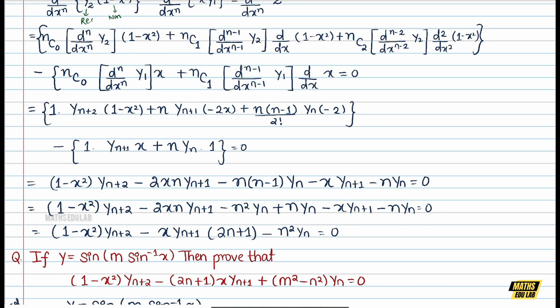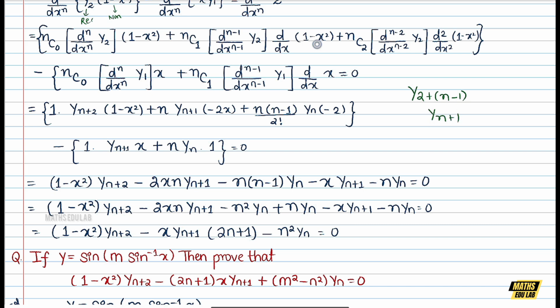So on differentiating, we got yn plus 2 multiplied by 1 minus x square, plus nc1, whose value is n, and the derivative to the n minus 1 will be y2, so y to the power n plus 1.